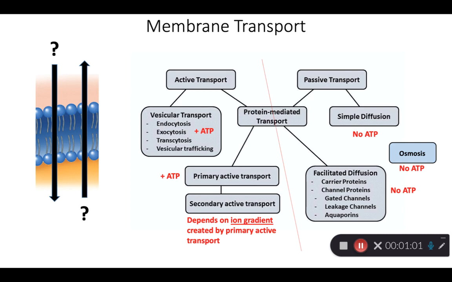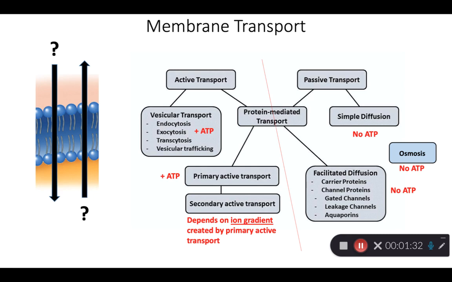If you're a larger molecule or if you're a polar molecule, you're going to need some sort of membrane protein. And then it also has to do with what we call a concentration gradient. Things want to move from where they're in a high concentration to where they're in a low concentration. That's called an ion or concentration gradient. So that also plays a big role.